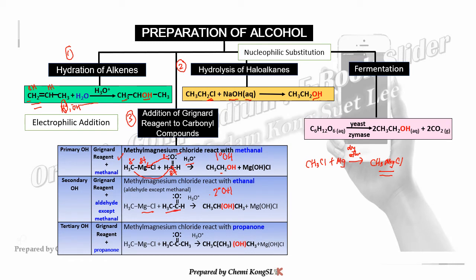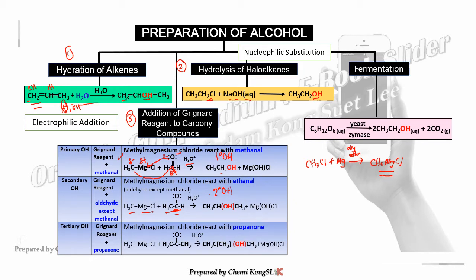Please take note, because sometimes the question might give you an alcohol and then ask you to split the Grignard reagent and the carbonyl, and check what is the haloalkane and what is the carbonyl compound. So this concept is very important.